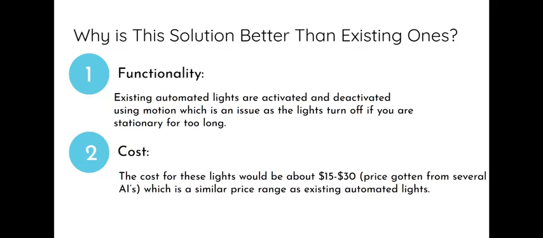So it's basically just better functionally. It's a superior product. And the second reason why the solution is better than existing ones is the cost. Now, as you saw before, the cost is quite pricey, but if this were to be mass produced, it would be around $15 to $30.